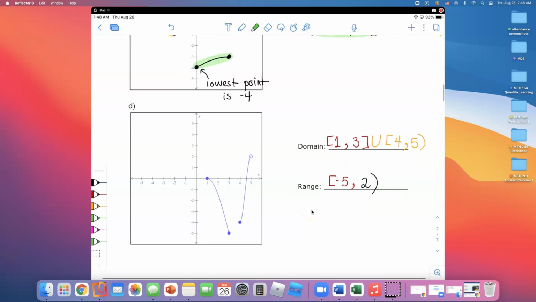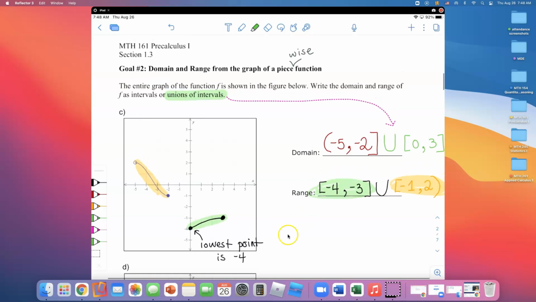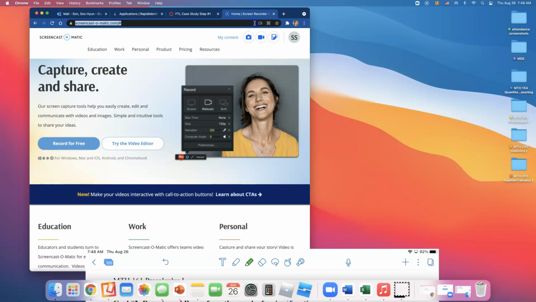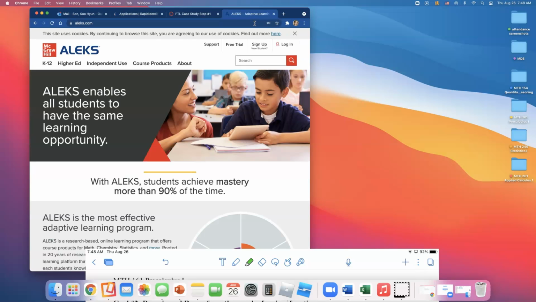Now, for this goal, you should be able to find, let me go ahead and find that for you. I'm done going over those examples. But I just wanted to show you the ALEKS homework topic, okay?